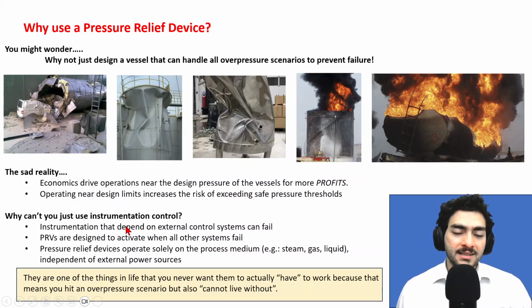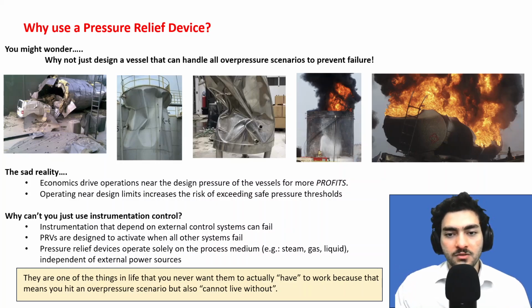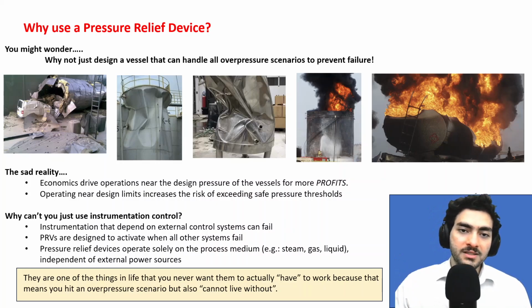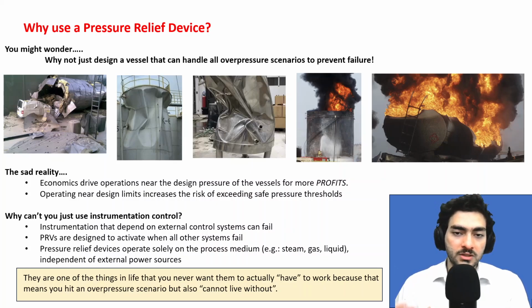So the sad reality is, in all of these plants, economics really determine and drive the operations near the design pressure of these vessels, because investors want to make more profit. So investors at the end of the day look at the return on investment before they decide on investing in a project.